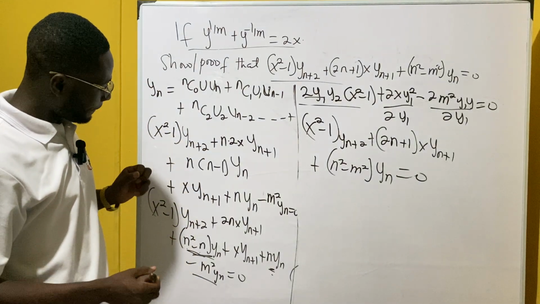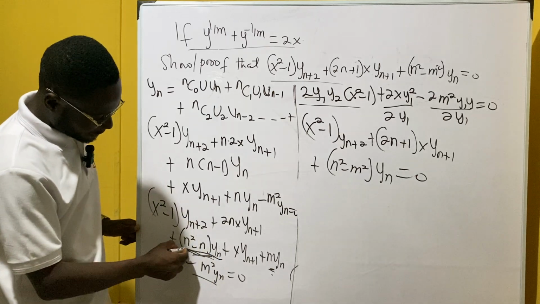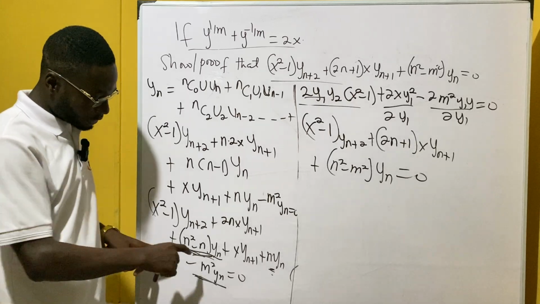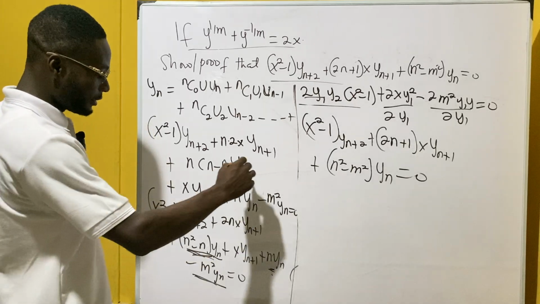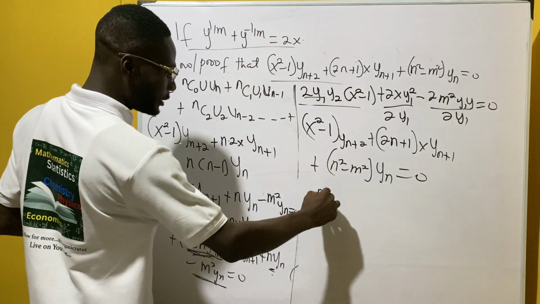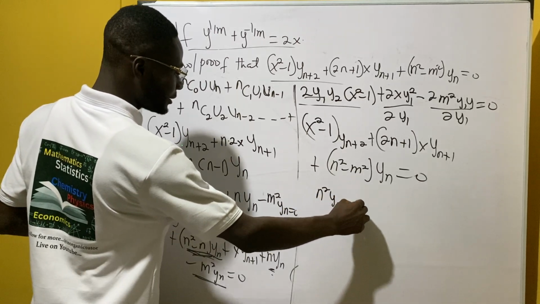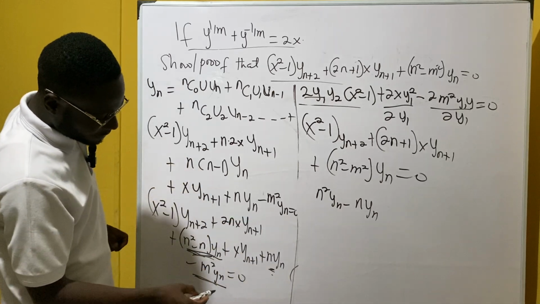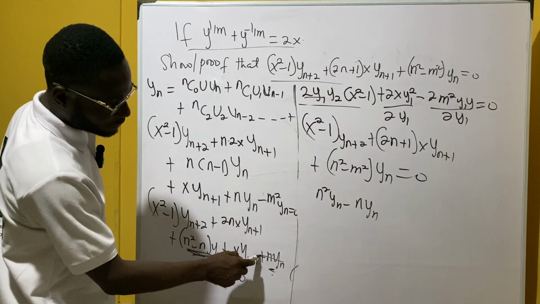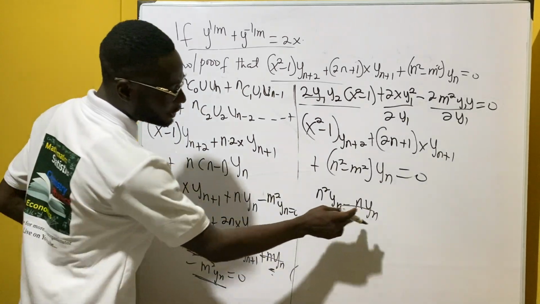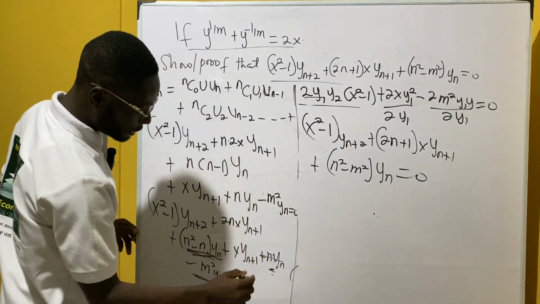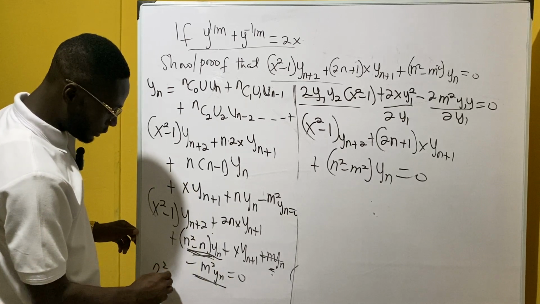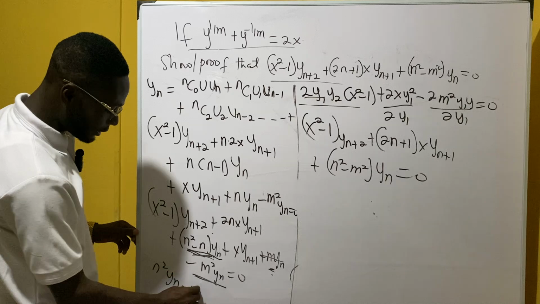Let's go back again. We see that this and this have some common items, because when we expand this, we are going to have n squared yn minus nyn.